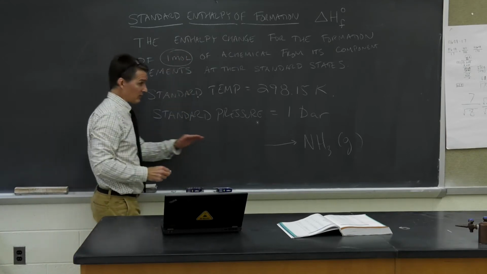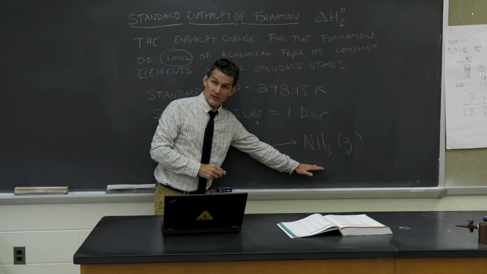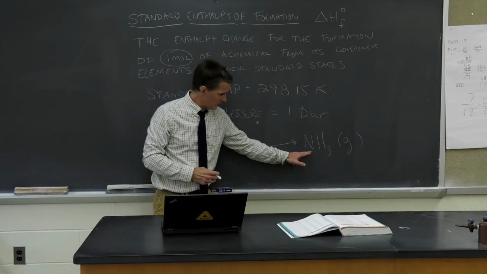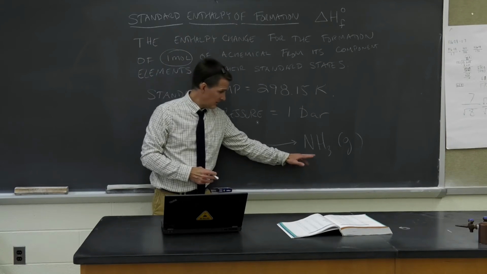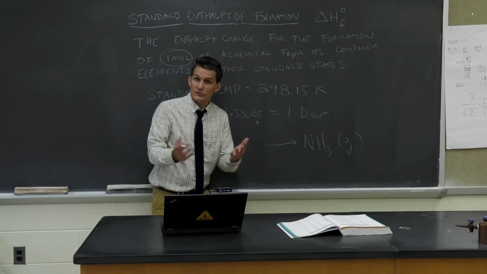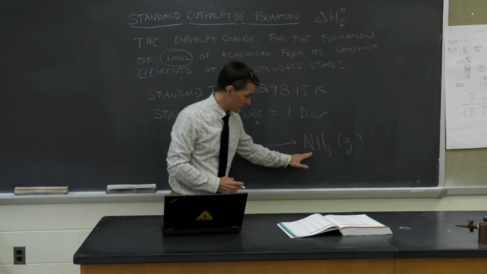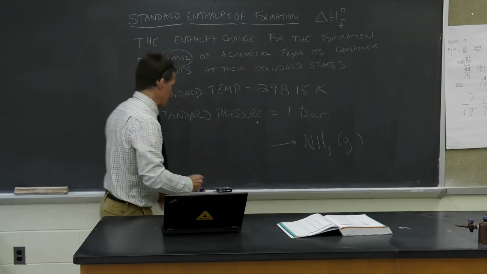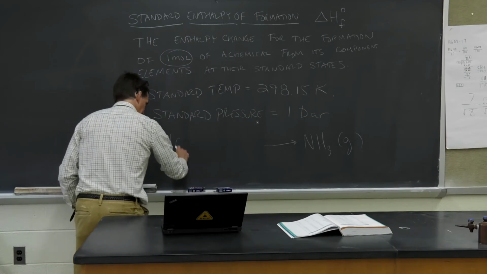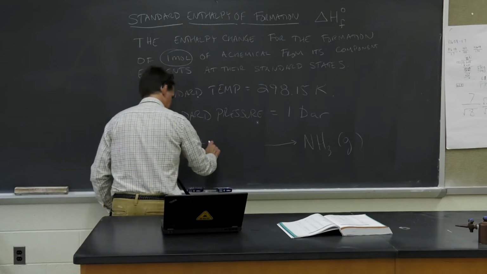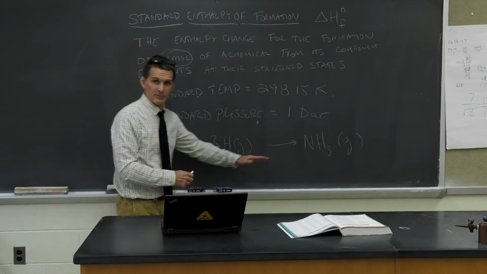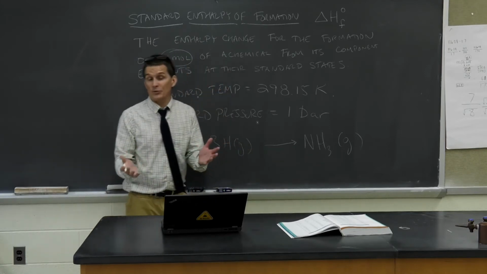And we want to find the enthalpy change for this from its elements. What elements are we going to need to make ammonia? We'll just look at the atoms that are in there. I see some nitrogen and I see some hydrogen. Well, it'd be nice if we could just say, we're going to take 1 nitrogen atom and 3 hydrogen atoms and react them to form this. It'd be nice if we could do that.